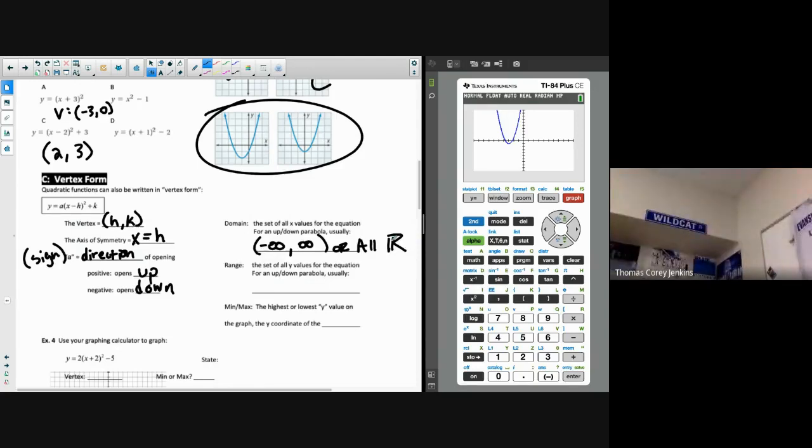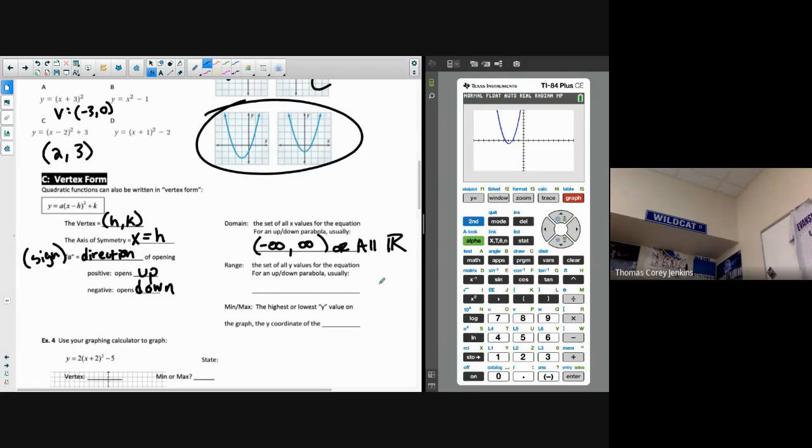And then the range, which is the set of y values, we always think about the y coordinate of the vertex, right? So we're thinking about k for that one. Okay, so for this one, again, same example, we can see that it would be all real numbers that are above -2. So for our range, we would say y is greater than or equal to k, or y is less than or equal to k.